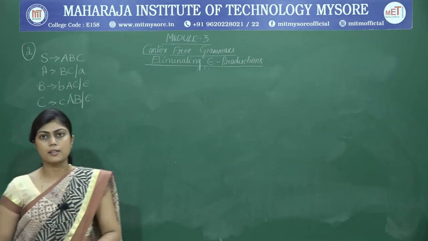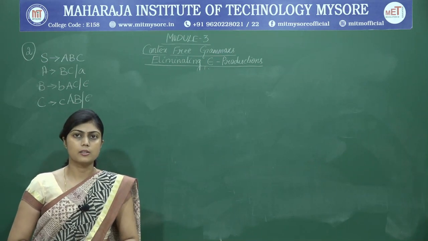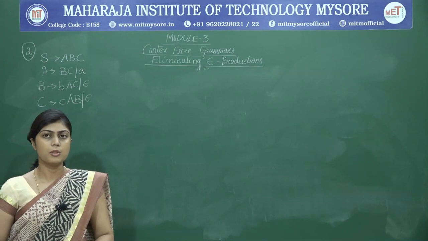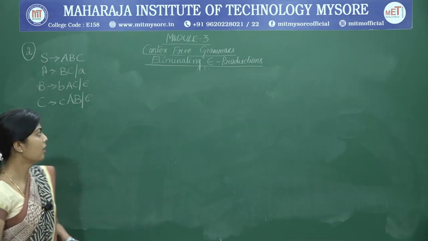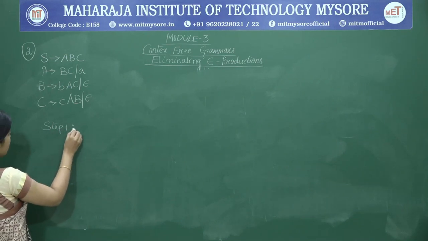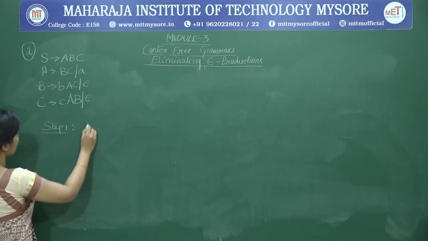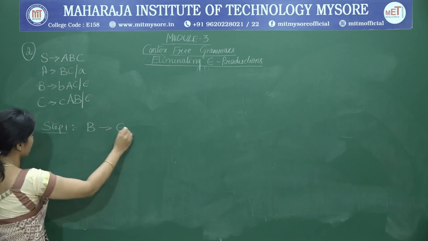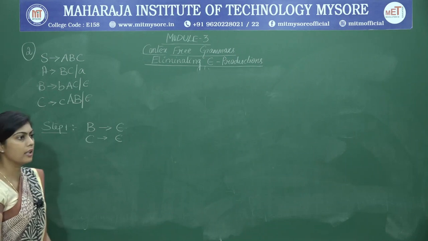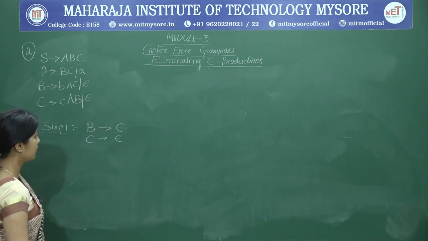So now we will look at the second problem. So we will look at the four different production rules given for the grammar and identify the nullable variables as the first step. So now step 1 is identifying all the nullable variables. So B goes to epsilon and C goes to epsilon. So these two are directly identified as nullable variables.